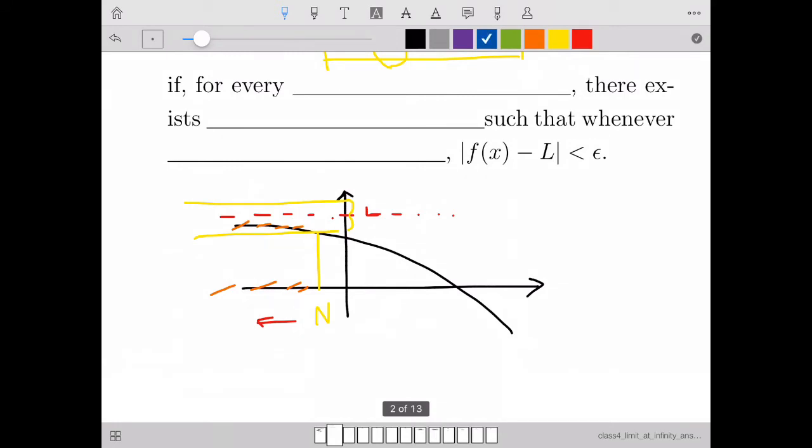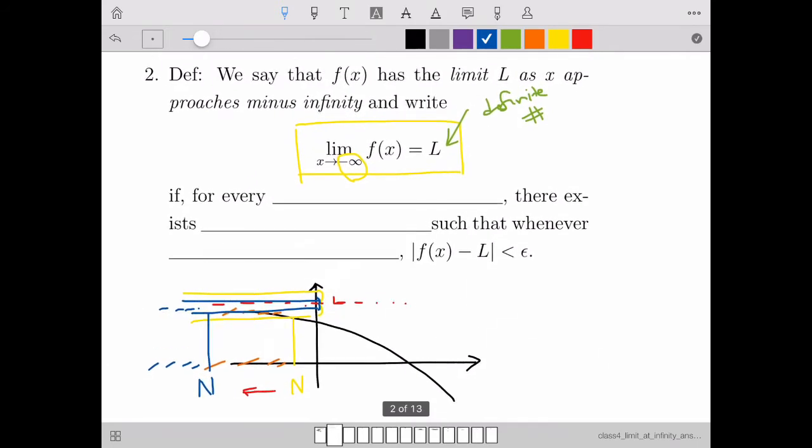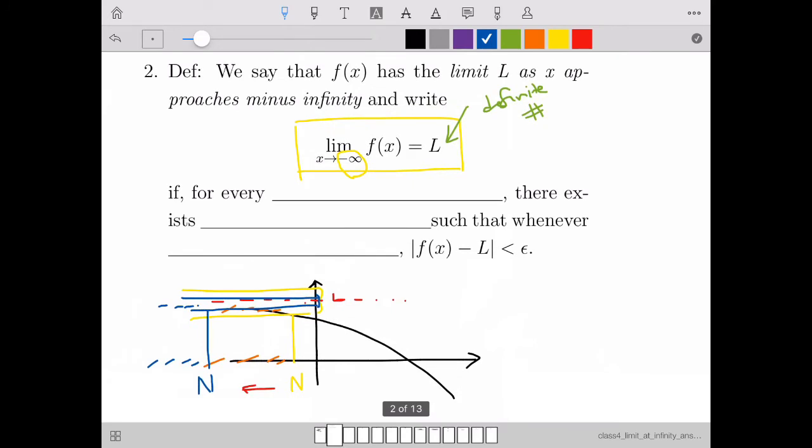I can do that for every epsilon small. If I narrow down this band, then I can go out further in the inputs, and whenever my inputs are smaller than n, my outputs are inside this band. In such case, we say the limit as x approaches minus infinity of f of x is L. So let's fill in the blanks.